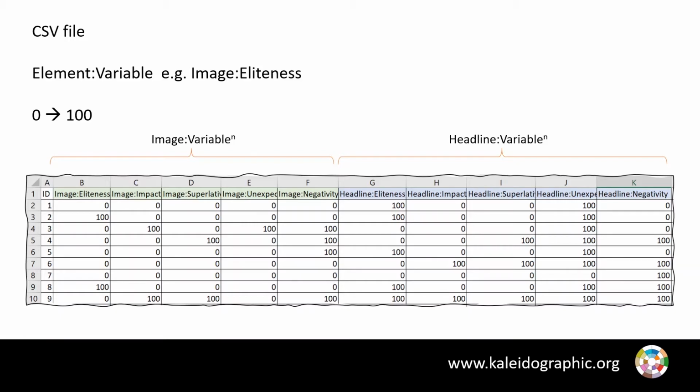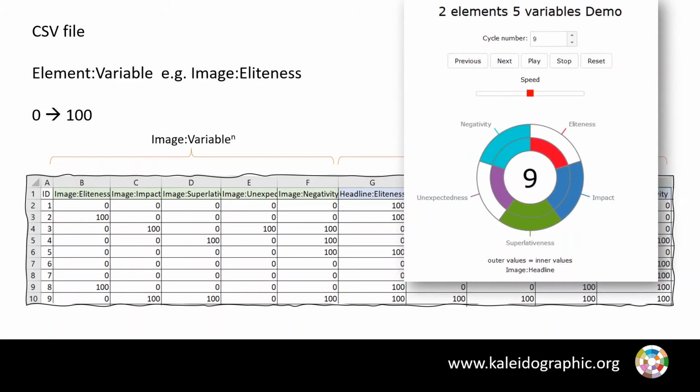So just to show you what this particular data set would look like if I put this into the Kaleidographic Builder, you can see that we have 2 elements. We have image and headline, and we have 5 variables: eliteness, impact, superlativeness, unexpectedness, and negativity. So the visualization that will be outputted using this data looks something like this.